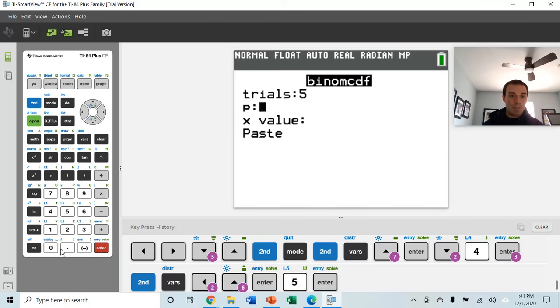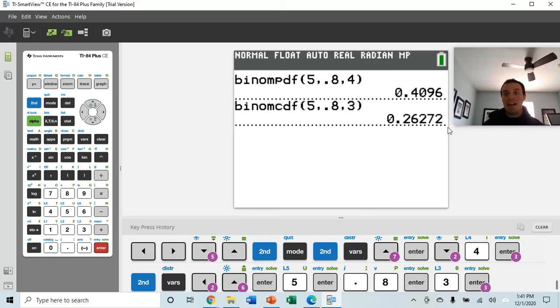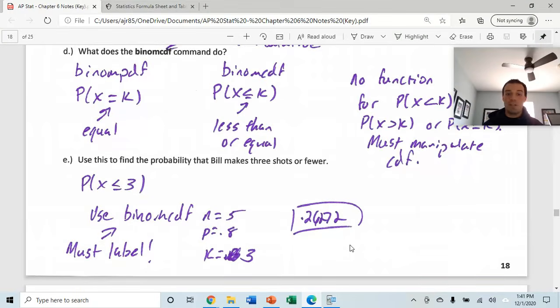My probability is 0.8. And here I'm saying less than or equal to 3, so my X value is 3. Go ahead and hit paste, and it'll get you your answer of 0.26272. It is crucial, just like when you did normal CDF, when you're using binomial PDF or CDF, that you label your N, your P, and your K.